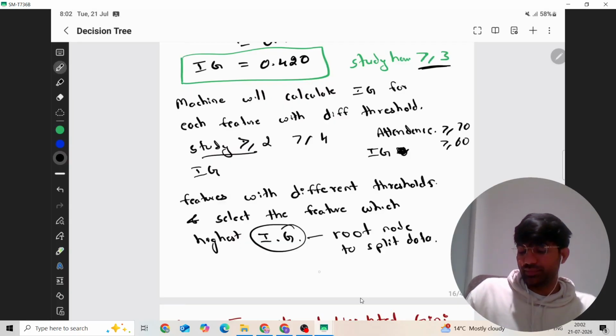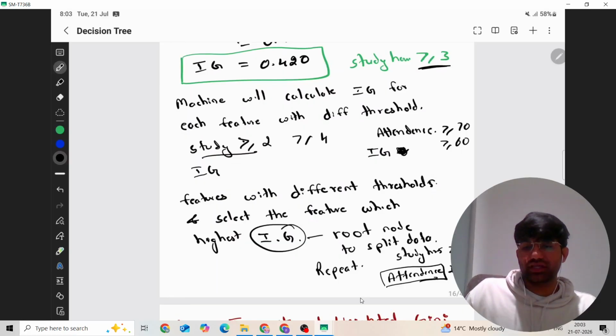And it will start splitting the data, and it will repeat again after it makes the first split. Suppose at the first split, it has considered study hours greater than or equal to 3 as the root node. Then at the second split, again, it will take the attendance feature, calculate the information gain, and make the further split.